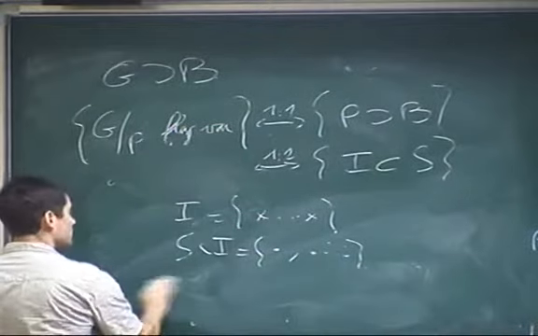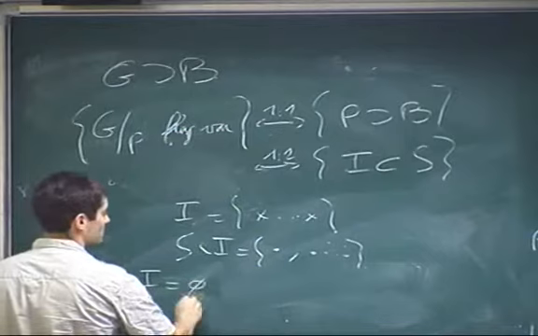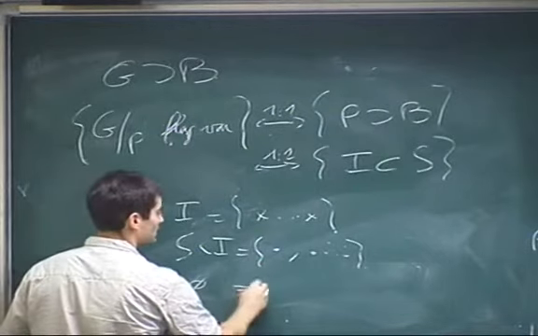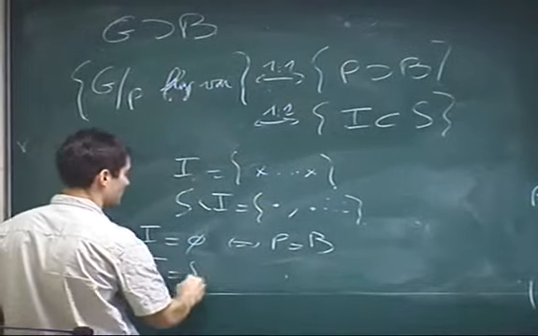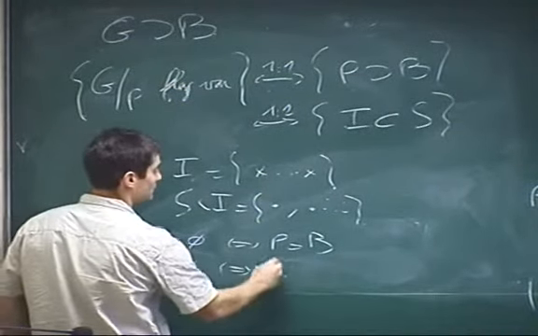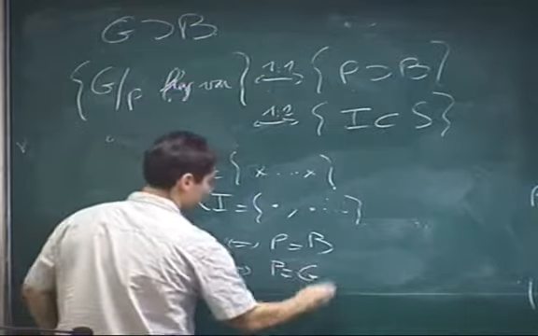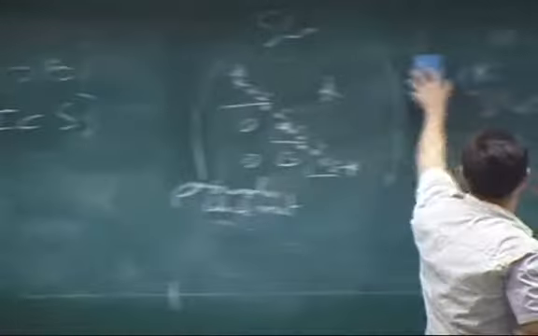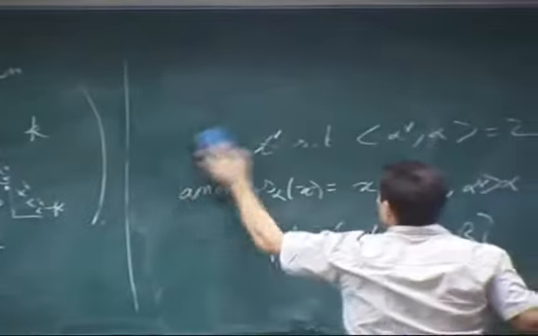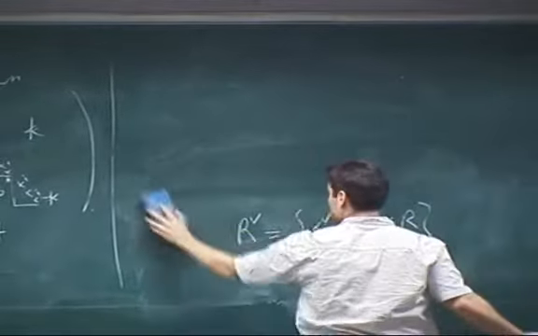With this convention, we have I equal to the empty set if and only if P equals B, and I equal to S if and only if P equals G. And we have all parabolic subgroups in this way.